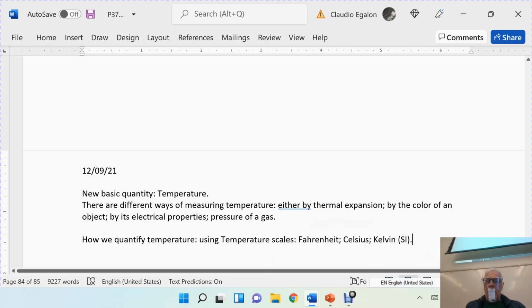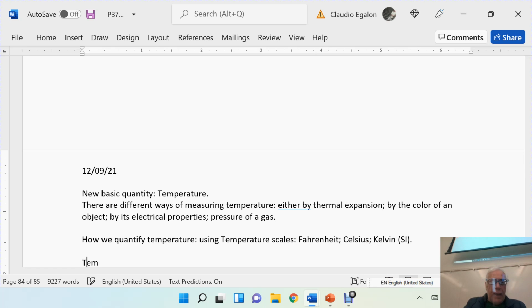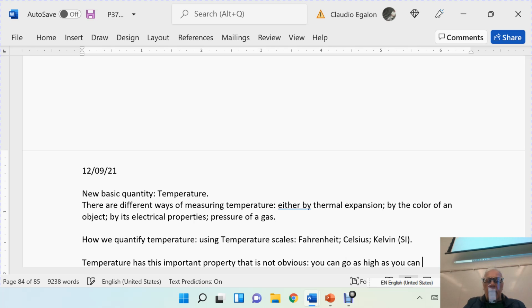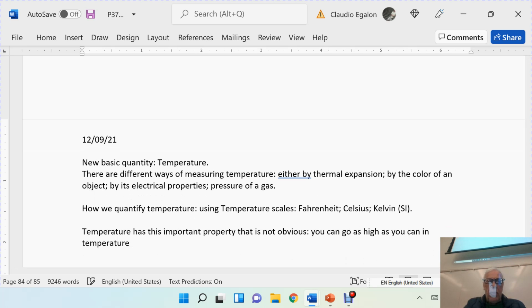Kelvin has this important property that's not obvious. You can go as high as you can in temperature. What do I mean by that? There is no limit.